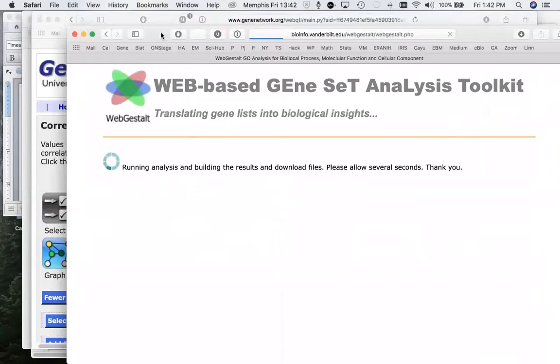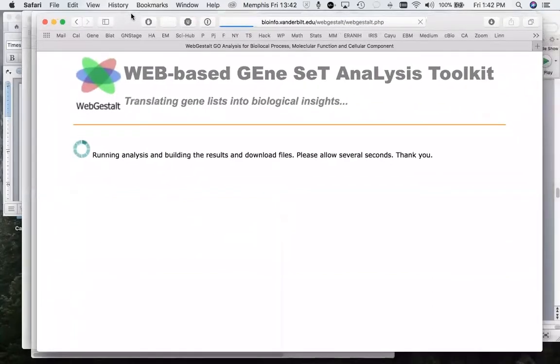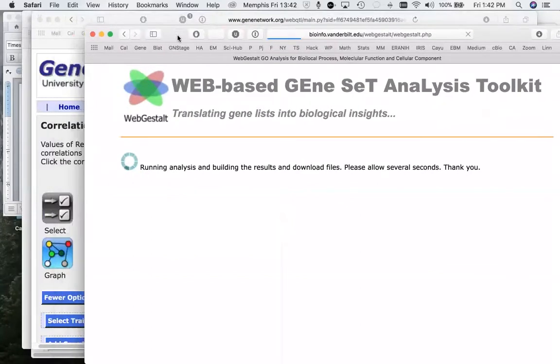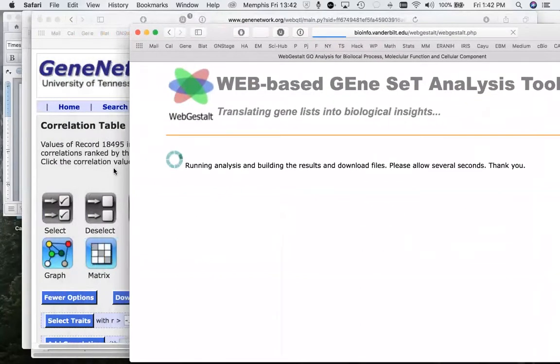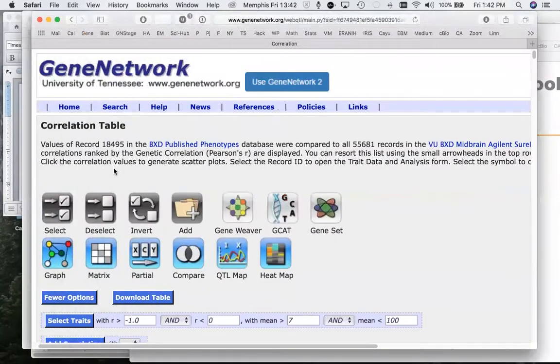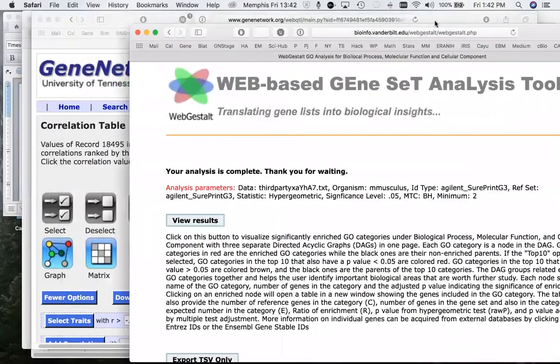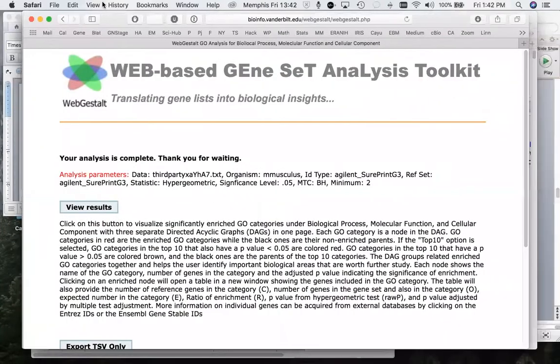Actually, I think this is now at Baylor. And they're running a gene set analysis for us. So this is sort of the family of web services that all of you in NIF are very familiar with. And we have a small group of web services we work with.